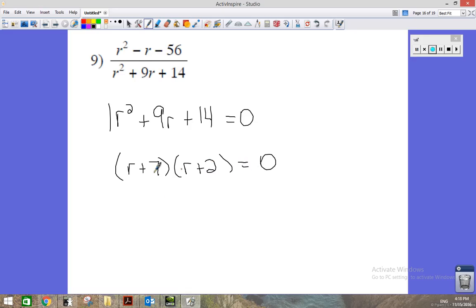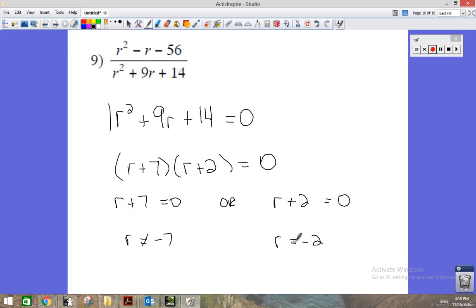So if this product is 0, it has to be that r plus 7 equals 0 or that r plus 2 equals 0. That's the only way to get 0, to have one of them or both of them be 0. Well, they both can't be at the same time. But if you have negative 7, you get negative 7 plus 7, that's 0. Or if you had negative 2, that's 0.